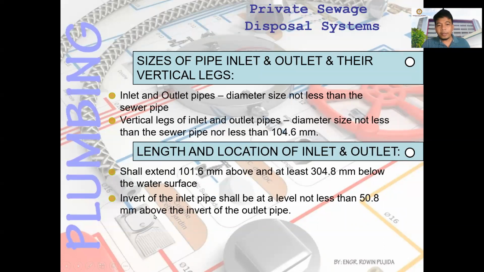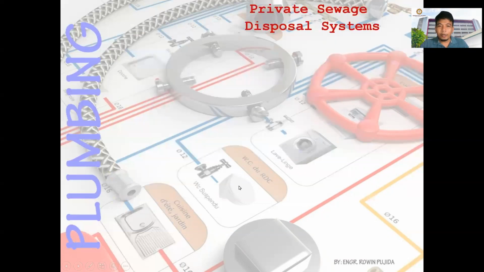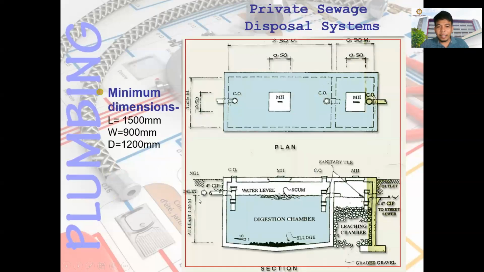And then invert of the inlet pipe shall be at a level not less than 50.8 millimeter above the invert of the outlet pipe. Okay, so for the inlet, this one, so the invert of the inlet pipe is 50 millimeter above the invert of the outlet pipe.